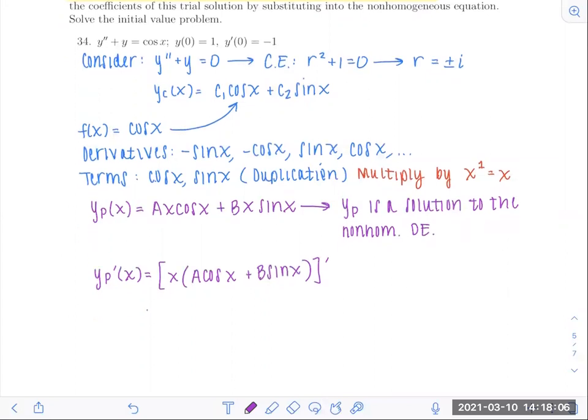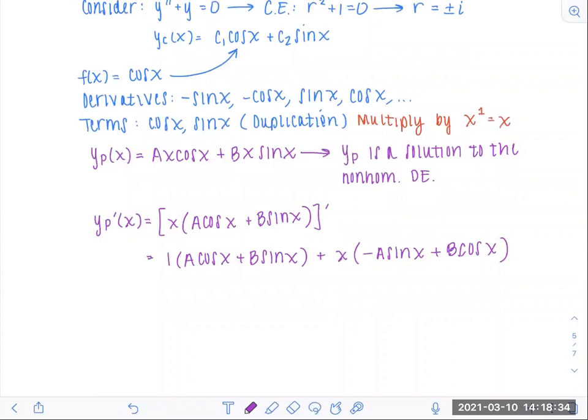Using the product rule, this is going to be 1 times a cosine x plus b sine x, and then x times the derivative of what's inside the parentheses: negative a sine x plus b cosine x.